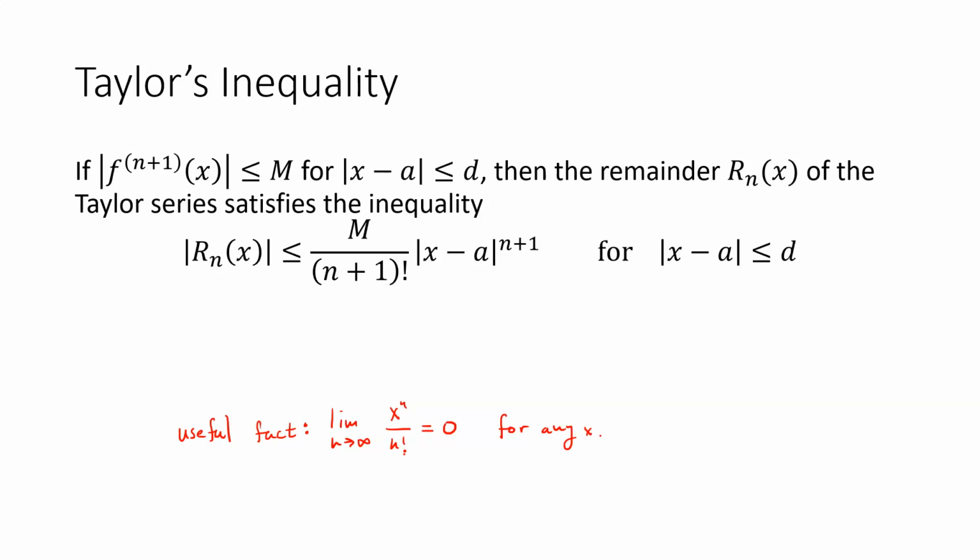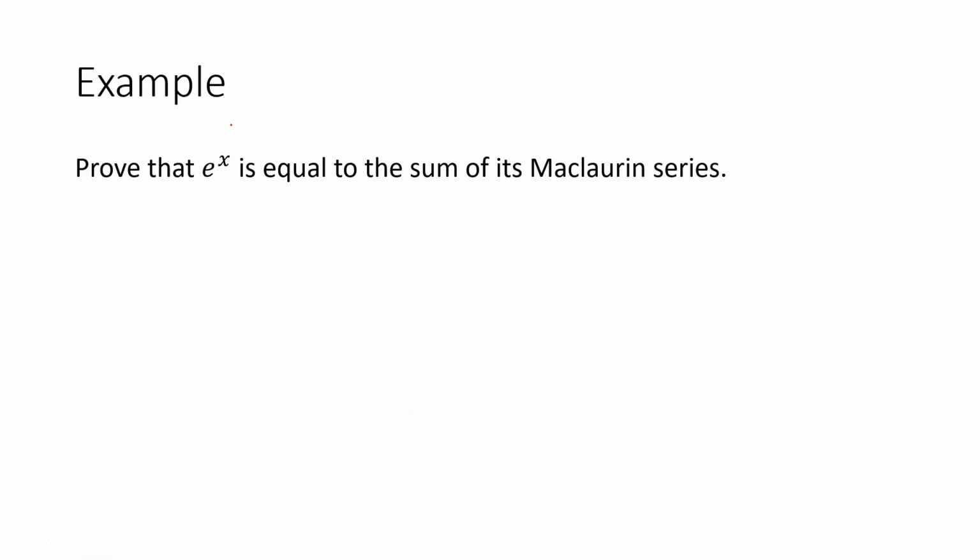And that's just because n factorial will grow much more rapidly than x to the n. Essentially, factorials are going to grow more rapidly than any power function could. And so let's now prove that e to the x is equal to the sum of its Maclaurin series.